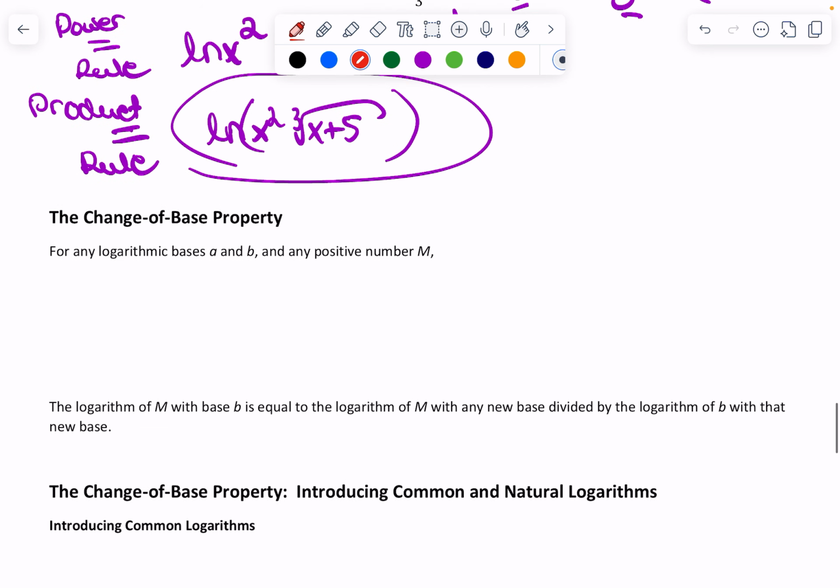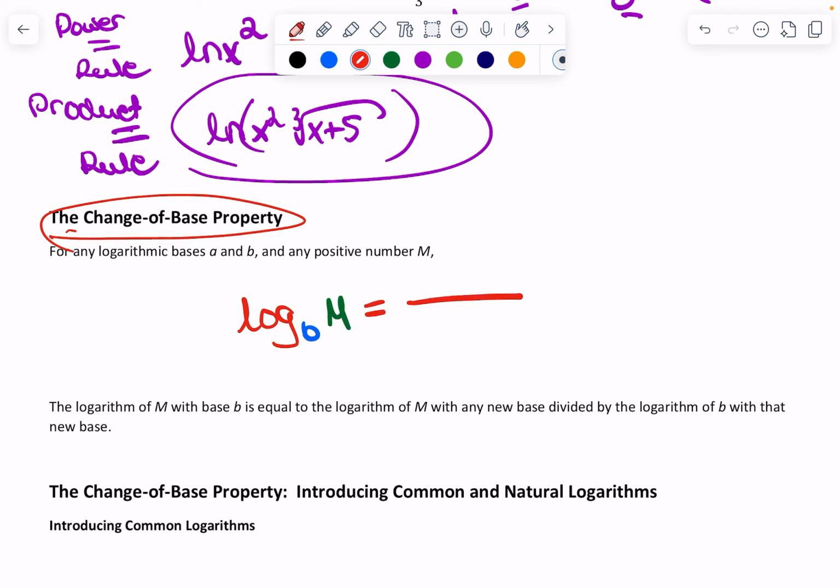Okay, next we're going to look at the change of base property. This is something that you will need to calculate the logs because the calculator doesn't have anything else except the natural log and the common log. So if we have a log with base b of m, we can rewrite it as two logs over each other.